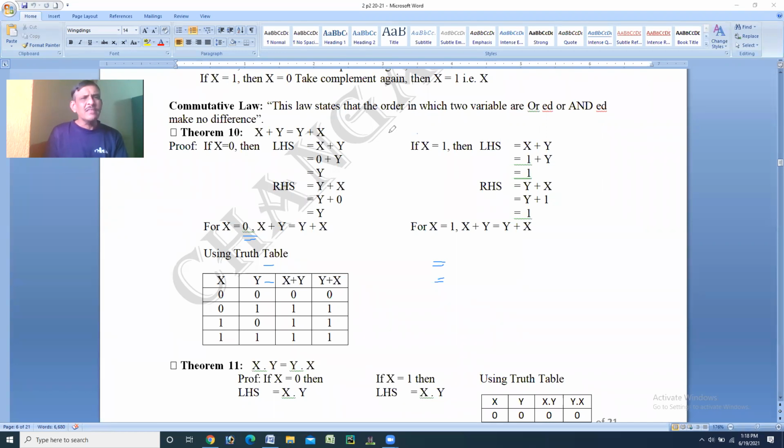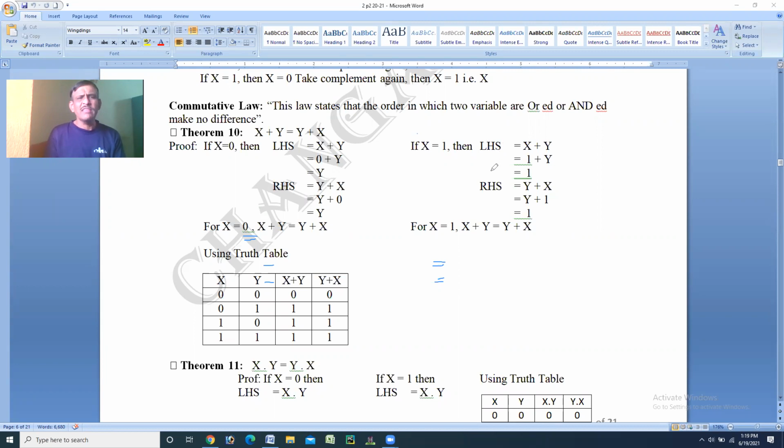That is the statement of commutative law. So based on this statement, we have theorem number 10 and theorem number 11.